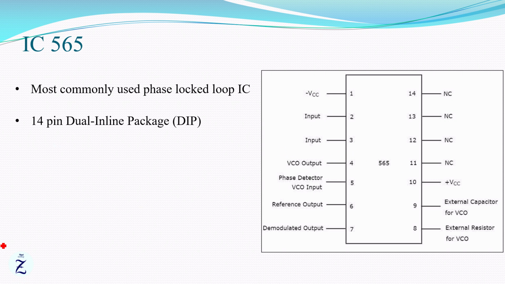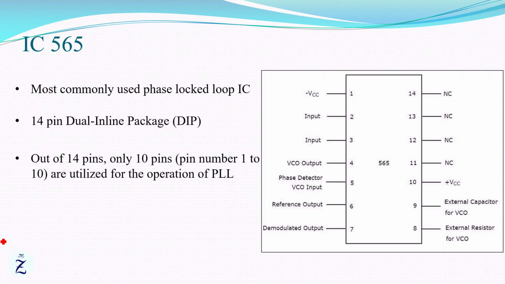In this IC, out of 14 pins, only 10 pins are utilized for the operation of PLL. Here the pin numbers 1 to 10 are those pins, and the functions of each pin can be guessed from the labels of those pins. The remaining 4 pins are labeled with NC, which means no connection.